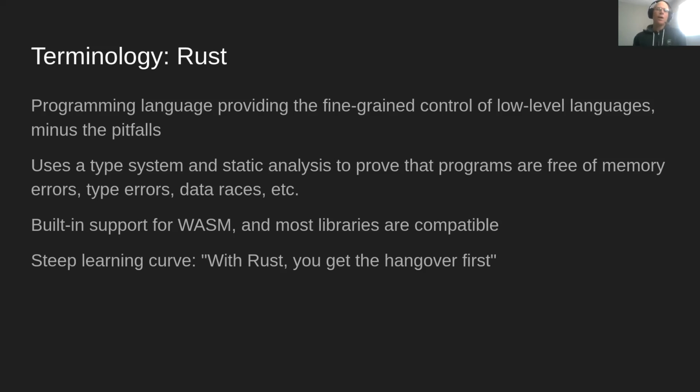Even in higher level languages like Java, data races are more common than senior software engineers would like to admit. And one benefit of Rust is that it can actually prove at compile time that data races do not exist. So it's not just memory errors.